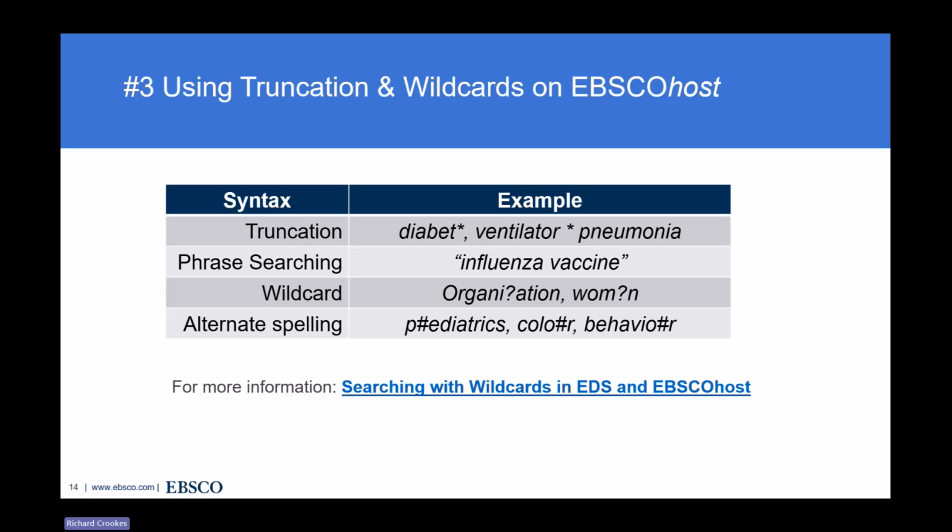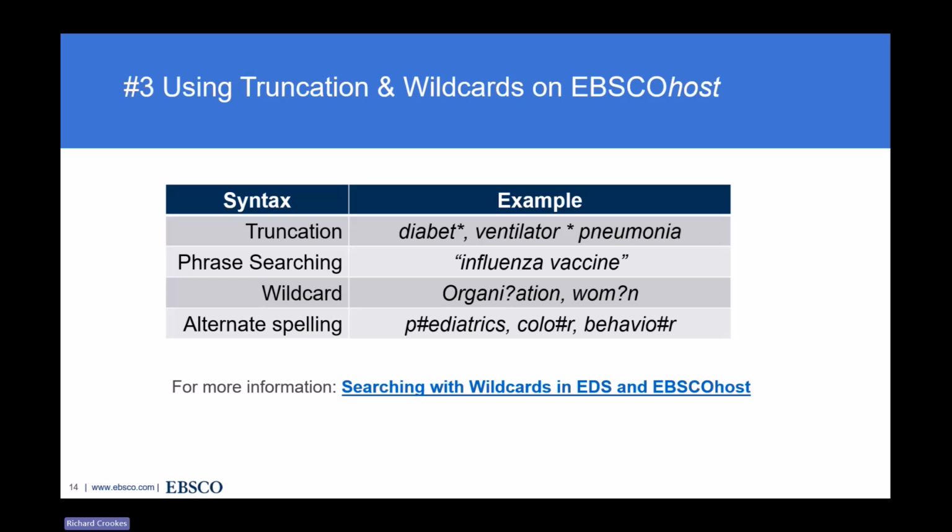that's available for the EBSCOhost interface. It's important to use what's applicable to EBSCOhost. I have seen cases in the past where other platform syntax has been used and it may work, but the results will not be accurate. So stick to this. Truncation, that means you can truncate words like diabet* to pick up diabetes or diabetic. You can also insert the asterisk, which is the truncation symbol, between terms as well.